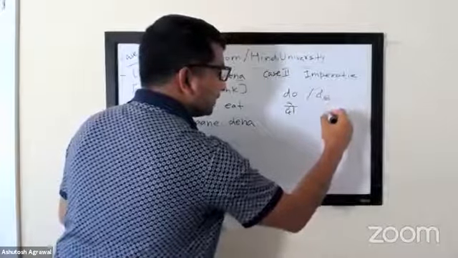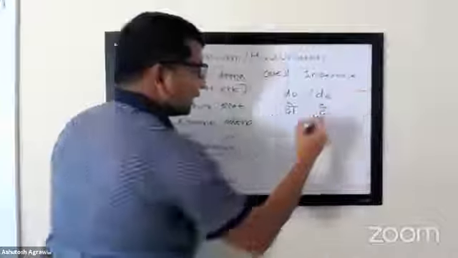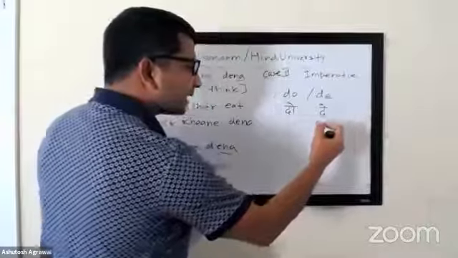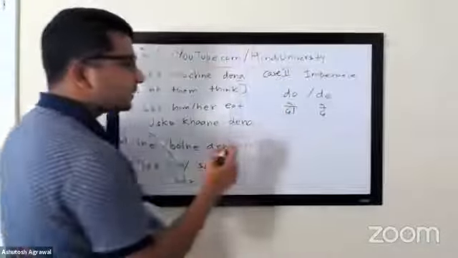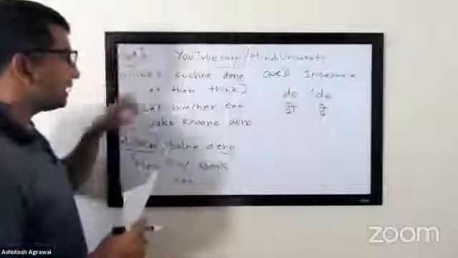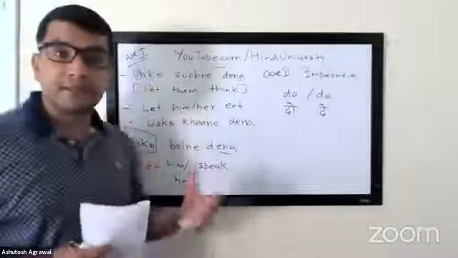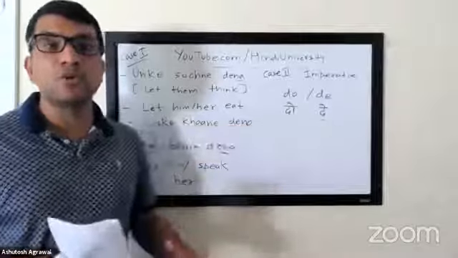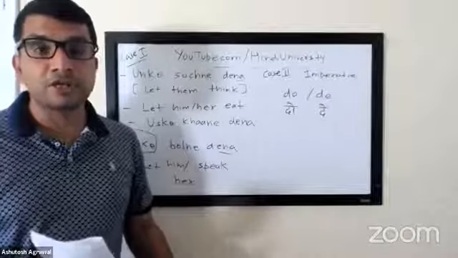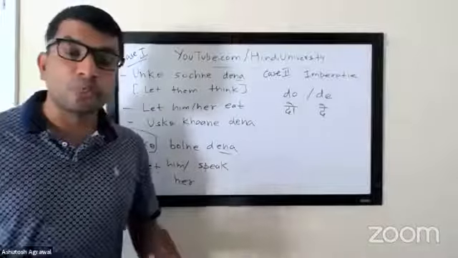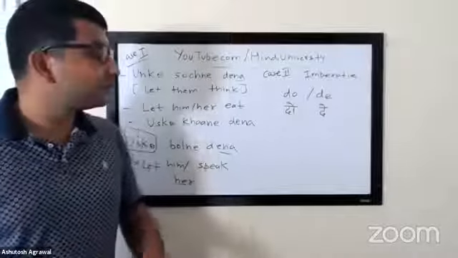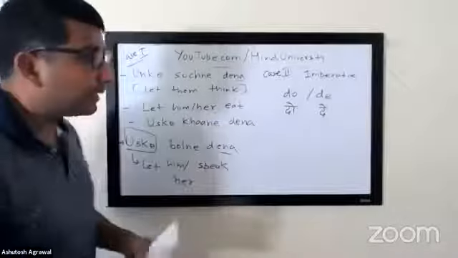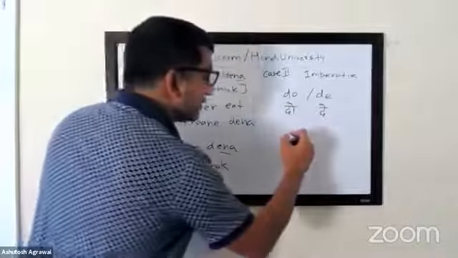I hope you guys remember from the previous classes, it's usko khane do, same thing. Usko sochne do is like let him think. Usko sochne de, it's a little bit more informal. Very casually you are saying, like, to your peer or someone junior than you, usko sochne de. The more respectful would be dijiye.